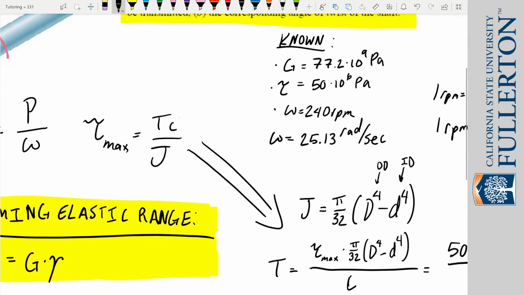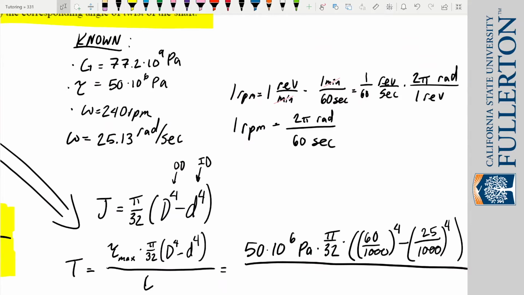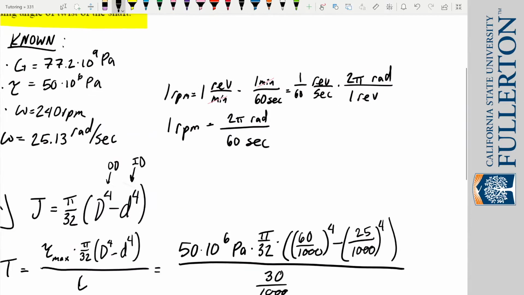C once again is just going to be 30 because it's the radius of that outer diameter. So 30 divided by 1,000 meters.